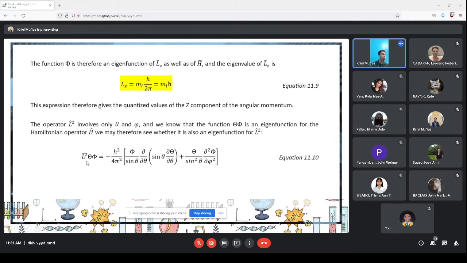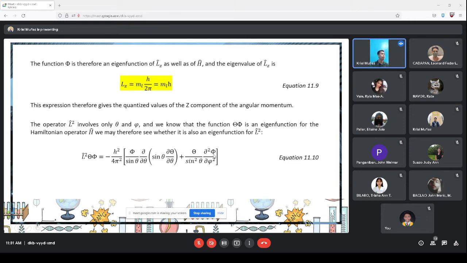L hat squared. So we have L hat squared times the wave function theta and phi. That would be negative h squared over 4 pi squared times 1 over phi sine theta, multiplied by the first derivative with respect to theta of sine theta times the first derivative of theta with respect to theta, plus theta over sine squared theta multiplied by the second derivative of the phi wave function with respect to phi.